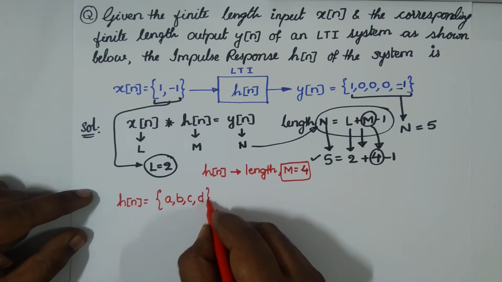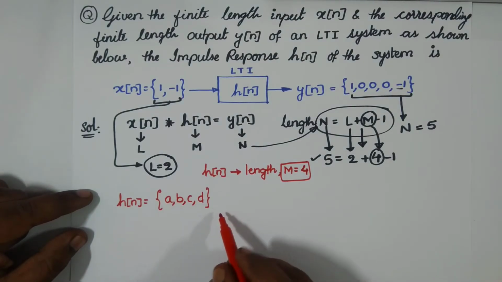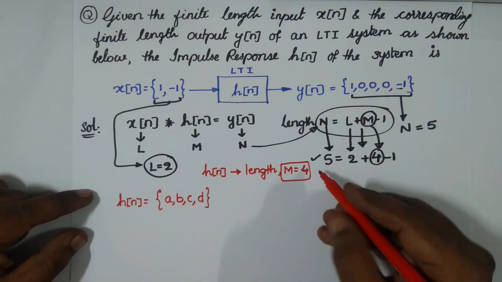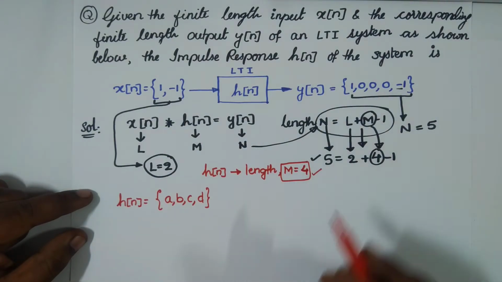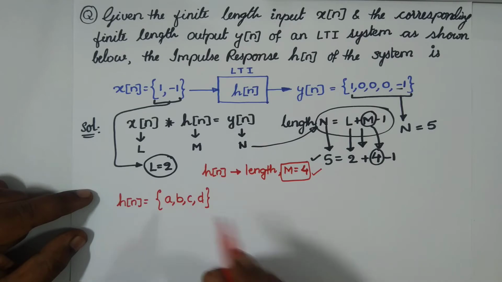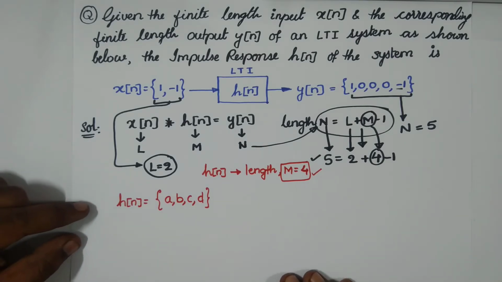As of now we don't know what a, b, c, d are, but we deduced M equal to 4.